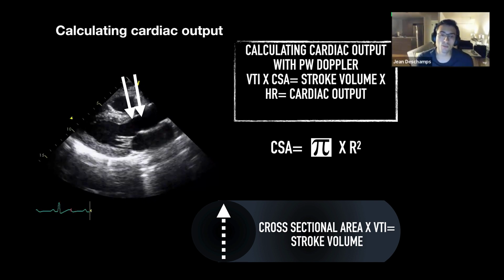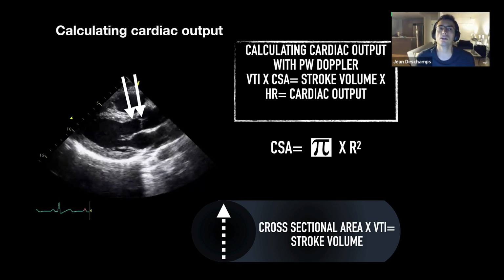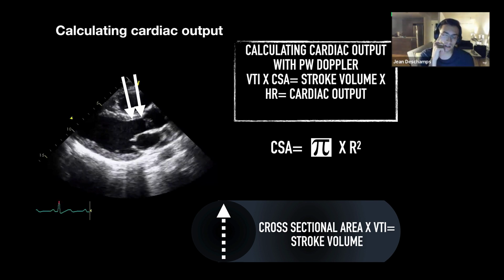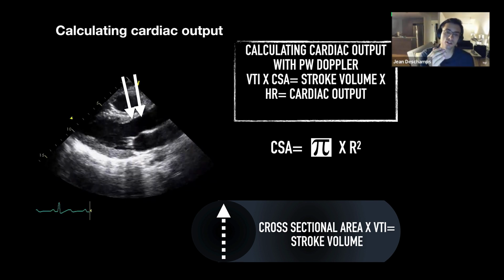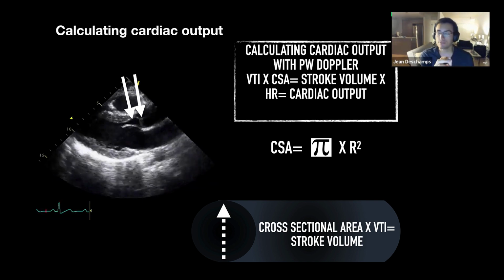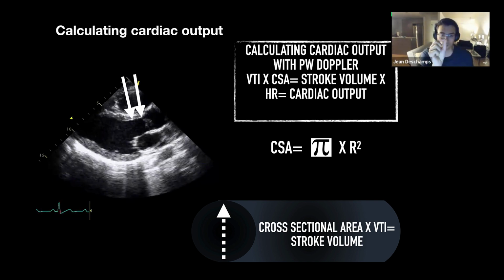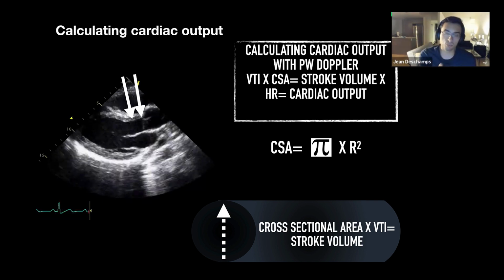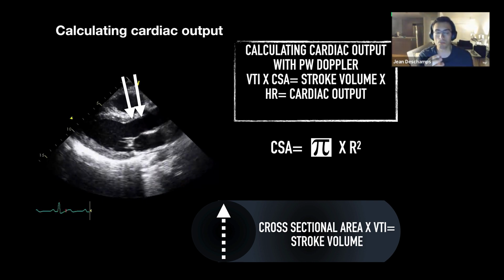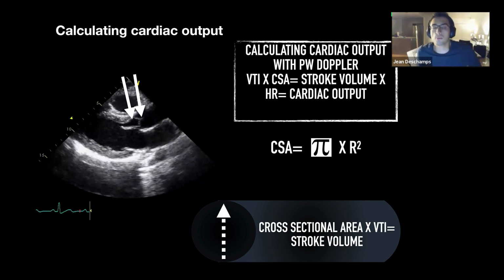And the reason why we use a parasternal long view, and you shouldn't really use an apical view to measure LVOT, is because of the way ultrasound functions. You're going to get way better resolution and fewer side lobe artifacts in this view, and you're going to get a very nice line to put your marker and measure. The second point I think that needs to be made is to measure where you would put your pulse wave Doppler gate.